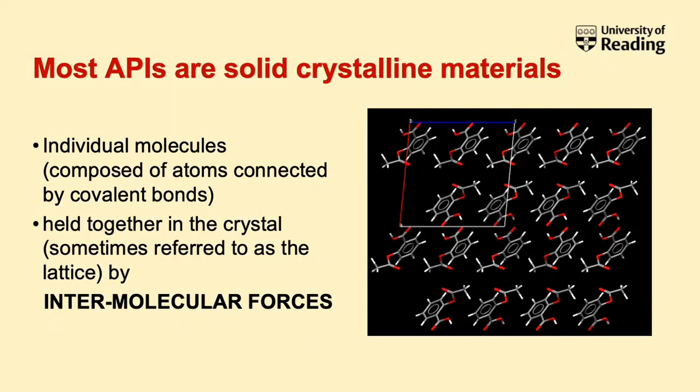Our solid powder of our active ingredient will be made up of molecules that will be held together by intermolecular forces. To dissolve in water, every one of these molecules needs to separate from that lattice and interact with water molecules.